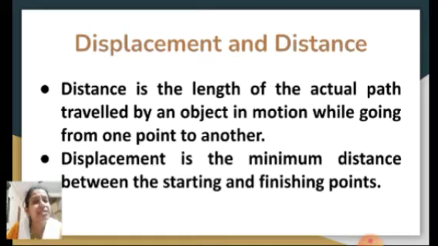So this is the difference between distance and displacement. Distance is the length of the actual path travelled by an object in motion while going from one point to another, and displacement is the minimum distance between the starting and the finishing point.